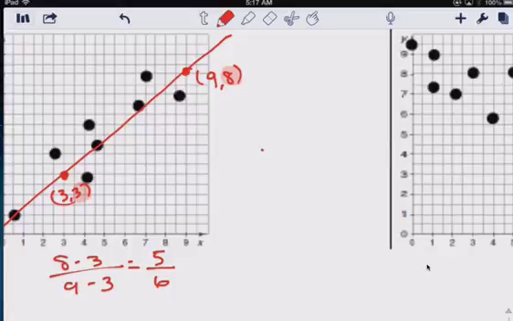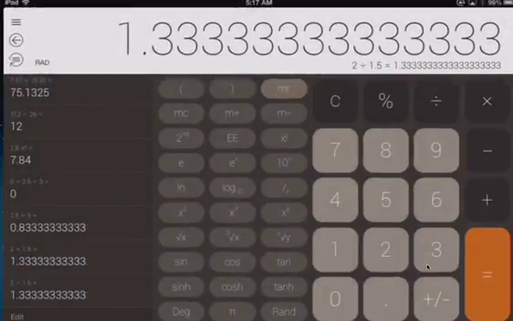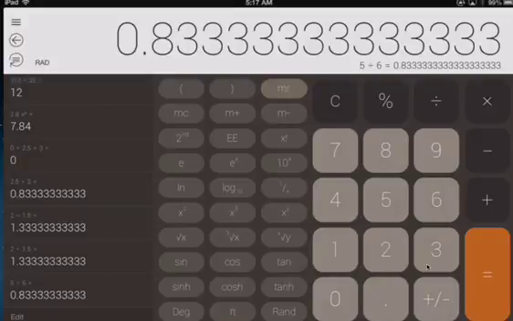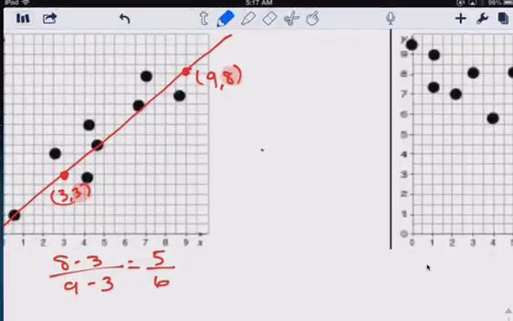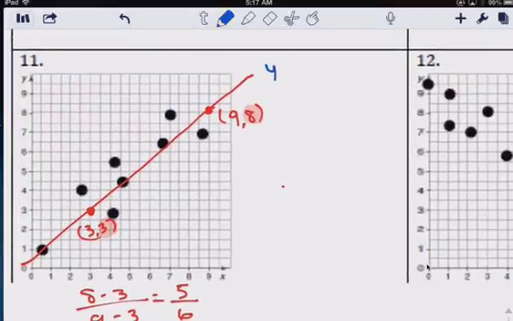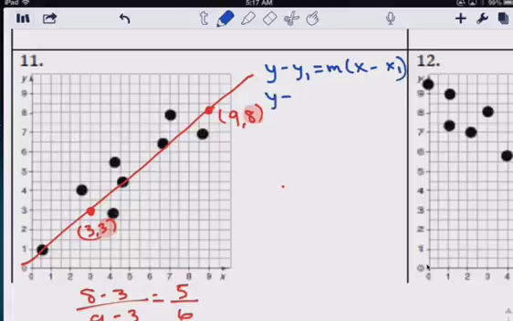Alright. 5 over 6 is what? It's a repeating decimal, 0.83. y minus y1 equals m parentheses x minus x1. y minus 3 equals m, m is 5 over 6, x minus 2.